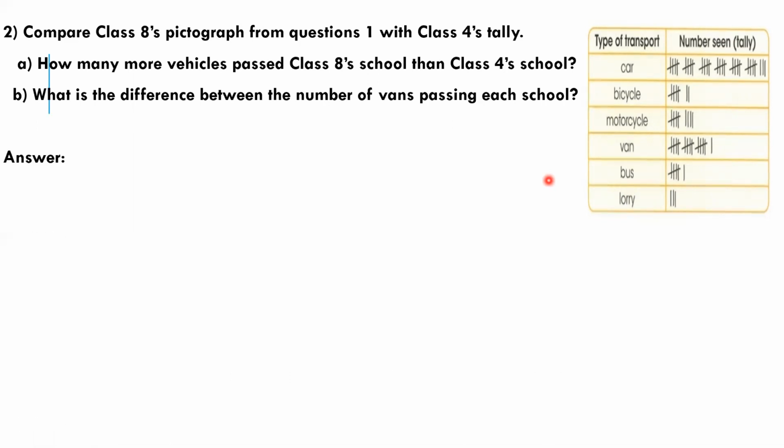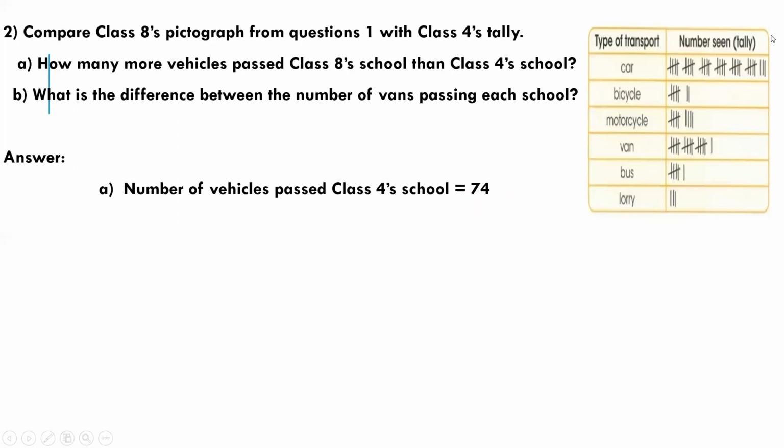Okay. So for finding the answer for how many more vehicles pass class 8 school than class 4 school, we need to find how many vehicles pass class 8 as well as class 4. So the number of vehicles that pass class 4 school is 74.